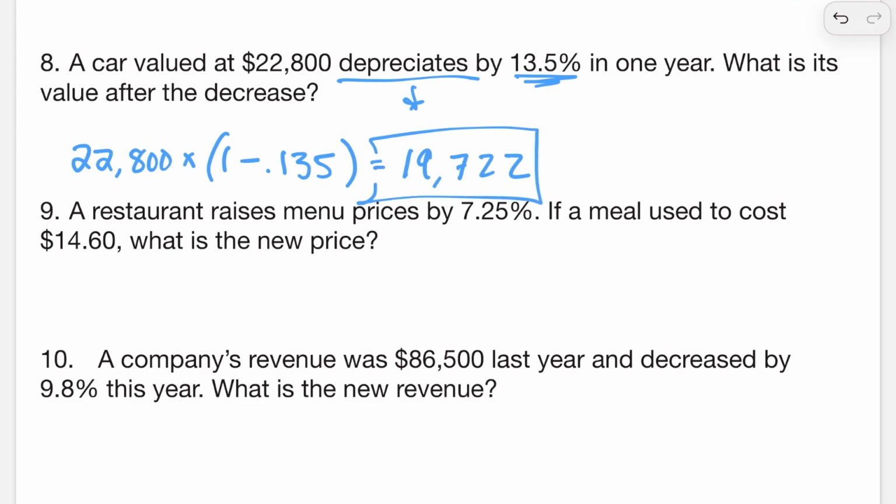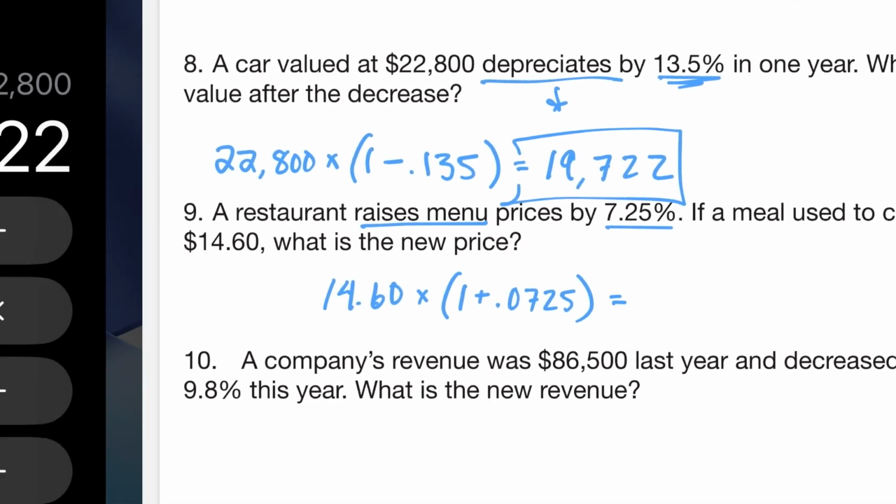Number 9 says a restaurant raises menu prices by 7.25%. If a meal used to cost $14.60, what's the new price? We got 14.60 times 1 plus 0.0725, just in decimal form. What is this going to be?